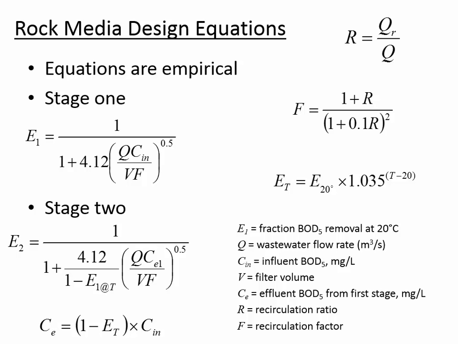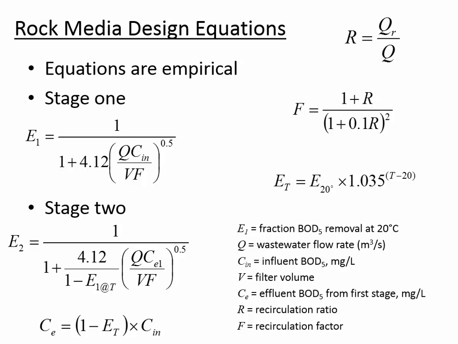And these are the equations that you're going to use in the in-class exercise for the rock filter media. In the homework, it's different design equations, because in the homework assignment, that third problem that you've got is actually a plastic filter media problem where you're working through the example in the textbook.